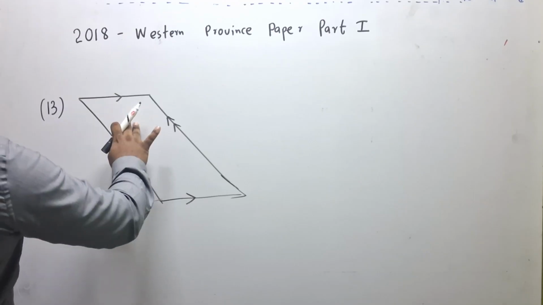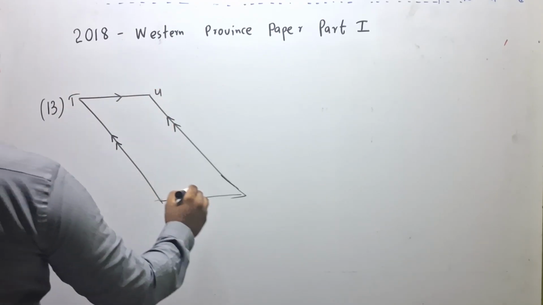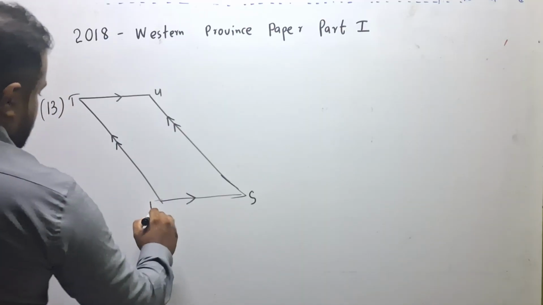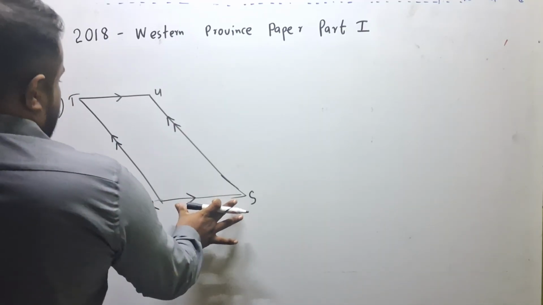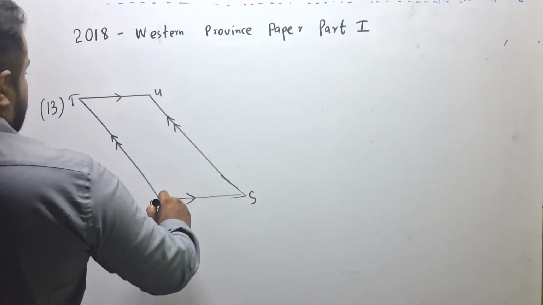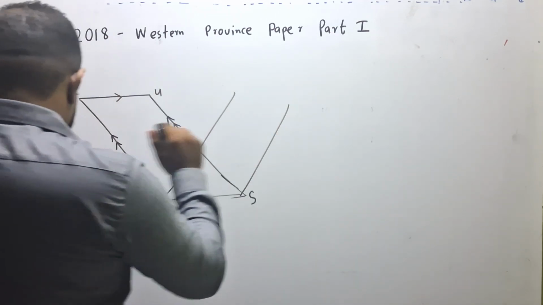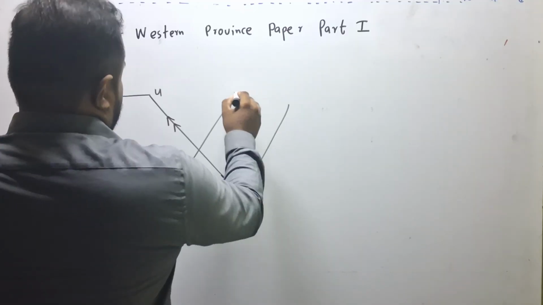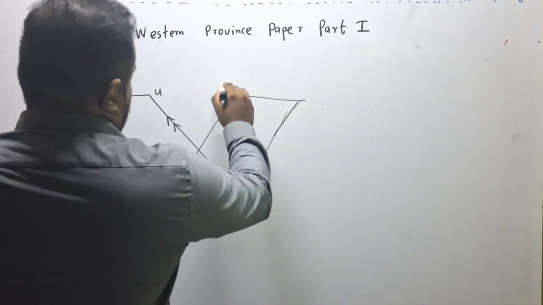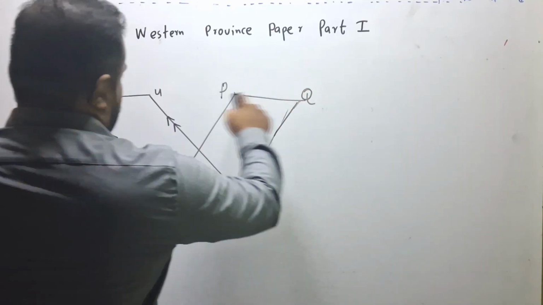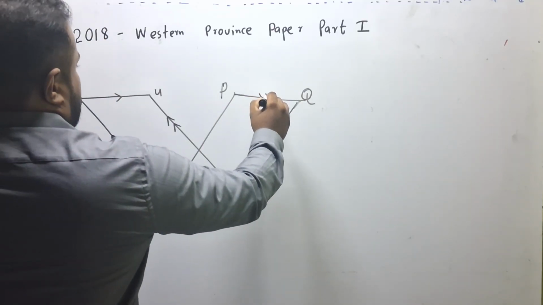That means this TURS is a parallelogram, and from this RS side, another parallelogram has appeared. It's PQSR, not PQRS. Okay, PQSR, parallel.